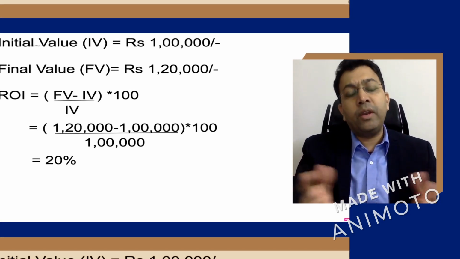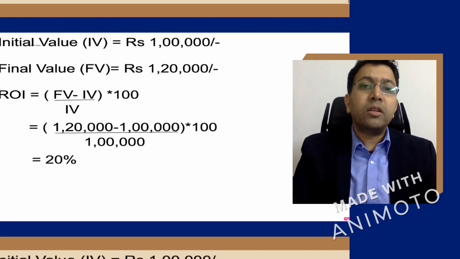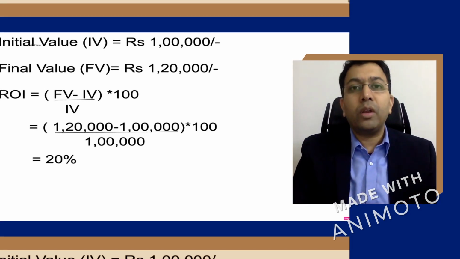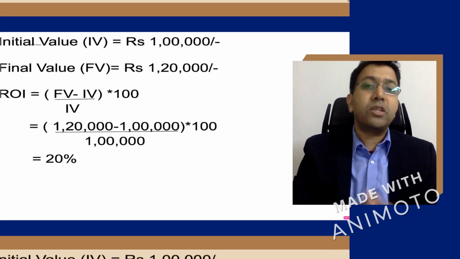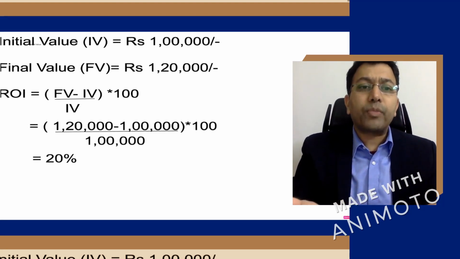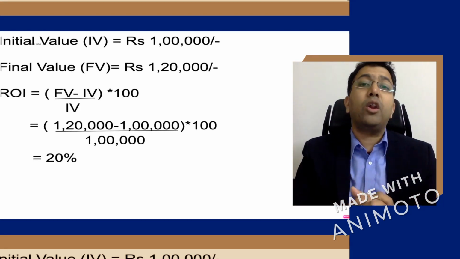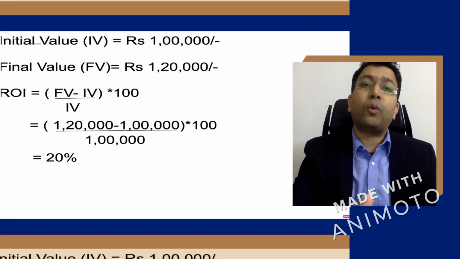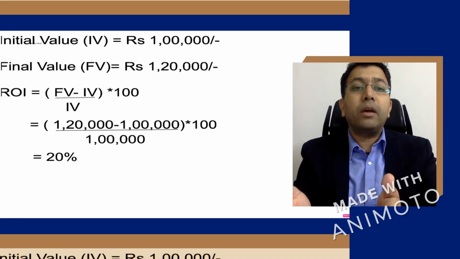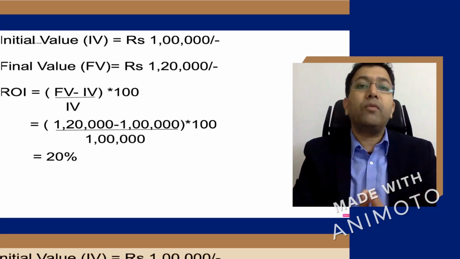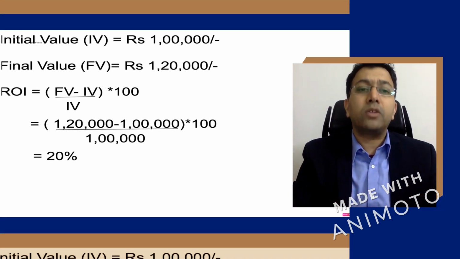So if in 2 years this value would have become 1,20,000, or in 3 years time this value would have become 1,20,000, we would still get the same result of 20%, even though our time has increased, which is a very big flaw, because we are not getting the time value of money into this calculation, which is why a lot of people who are calculating returns use this formula, even if their returns have been made in 5 or 10 years, and they'll come and say that we have made so much return on this investment, or we have typically doubled our money on this investment.